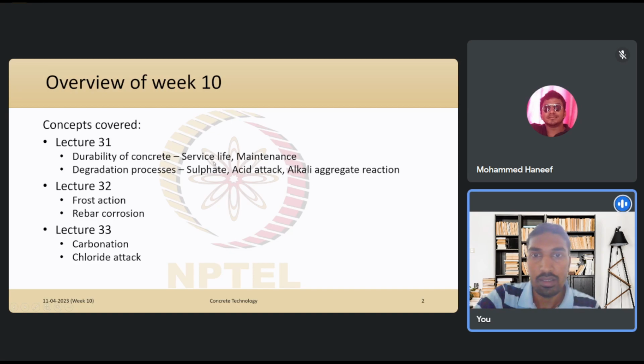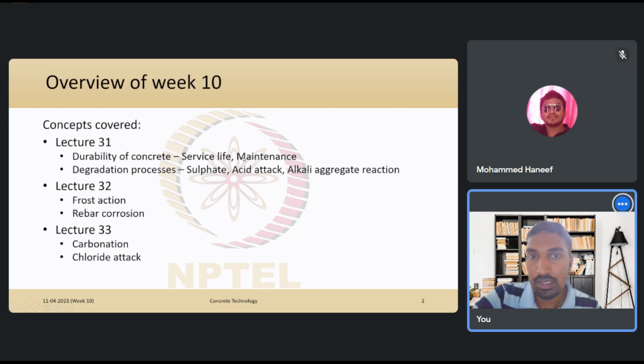Because of this degradation, the performance of the concrete structure will keep reducing over time, and there will be one particular time when the structure is no longer able to perform its intended function properly. That limit is called the serviceability limit, and when it is reached, we say its service life is over. The time it takes to cross the serviceability limit is called the service life.